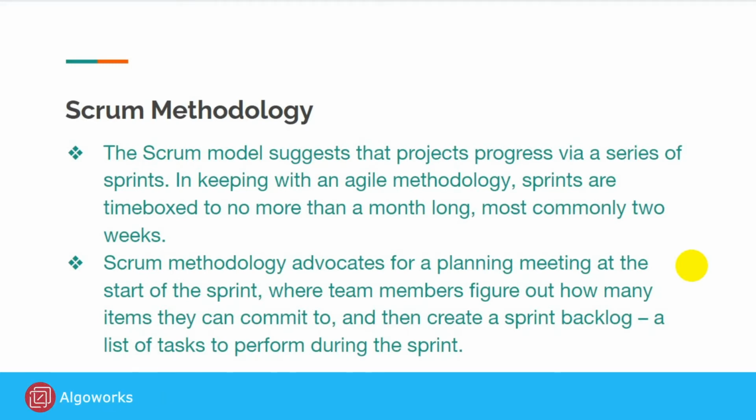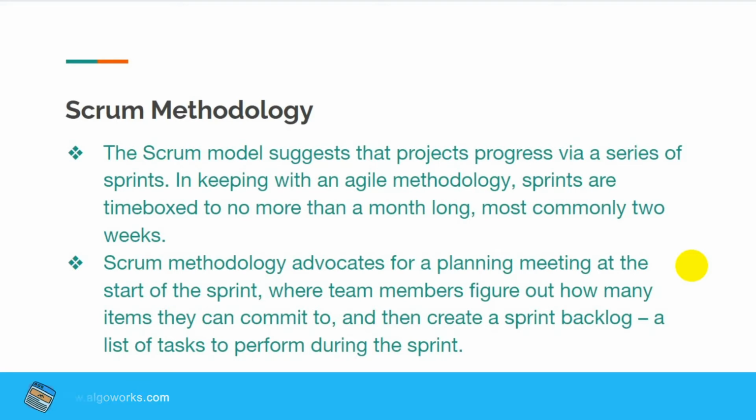So in the chunk, all the components are defined, that is, which features will be developed. Once they are developed, they will be tested and handed over to the stakeholders for the UAT process.